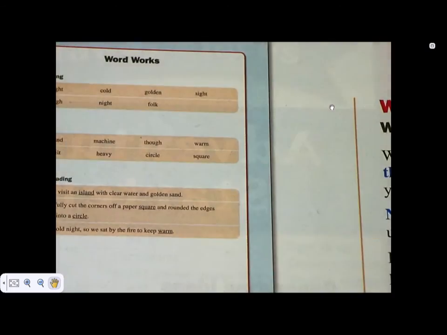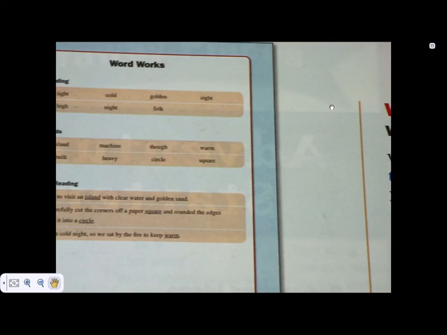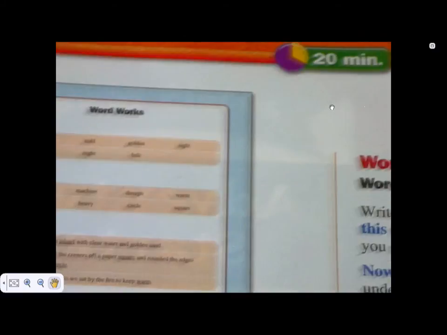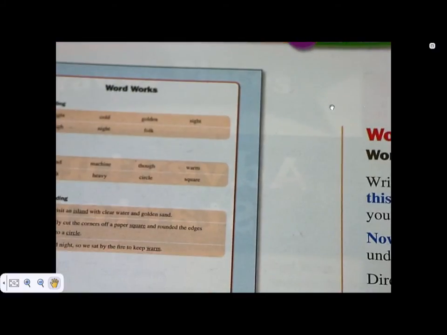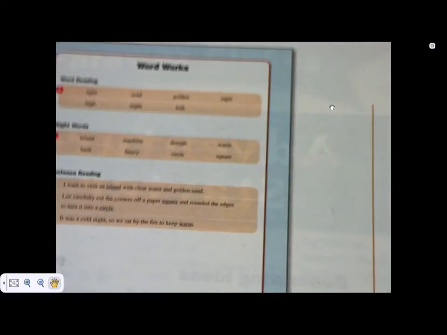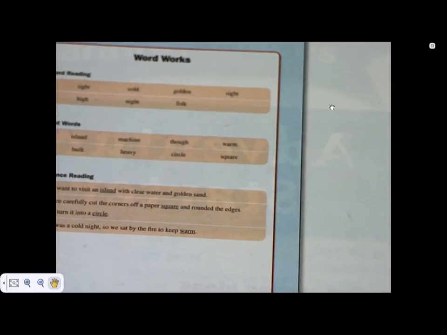Move to the next. Heavy. Repeat. Spell. Say it again. Heavy. H-E-A-V-Y. Heavy. Move over to the next. Circle. Repeat. Spell it.